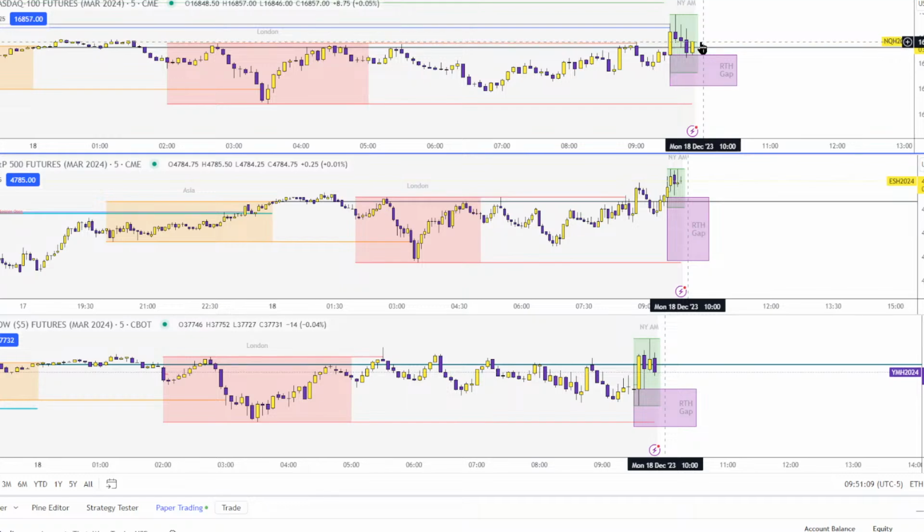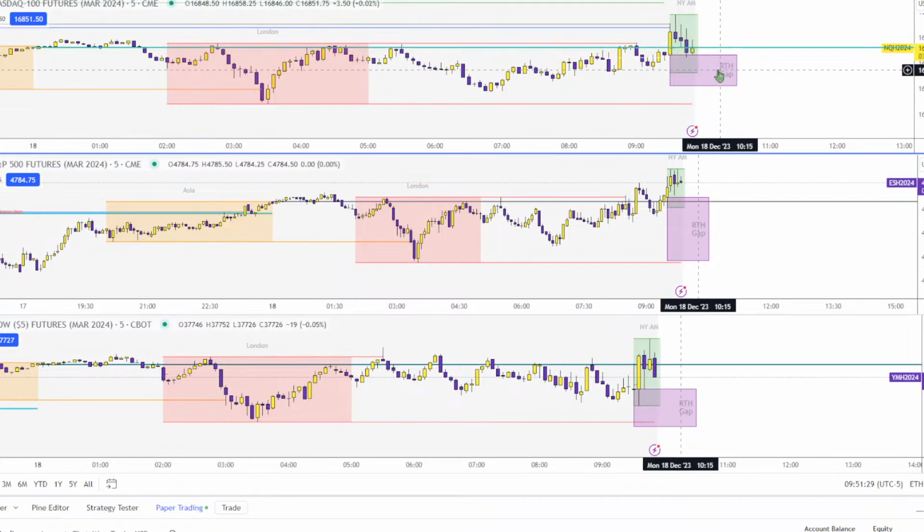I want to see this kind of hold price here to here. Now, though, we might get another wick back up, half of that wick, 75% of that wick. For weakness, we want to see 25% of that wick. This is good.